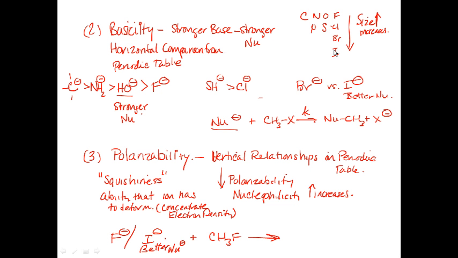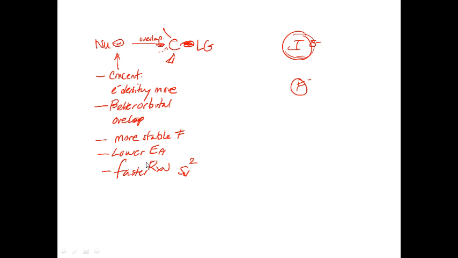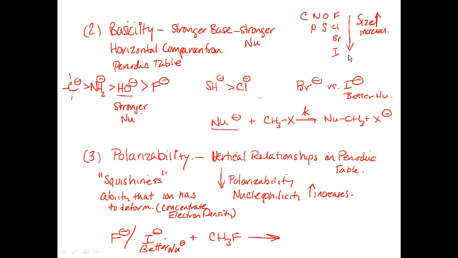Going down the periodic table, things become stronger nucleophiles by polarizability, which I'll introduce now but talk about later, and that leaves iodine in a very weird spot, because iodine would be a good nucleophile based on polarizability, but also an excellent leaving group, because going down the periodic table you get a better leaving group.